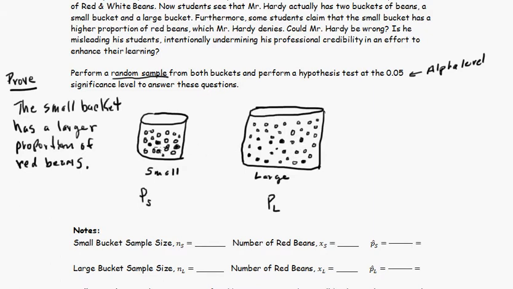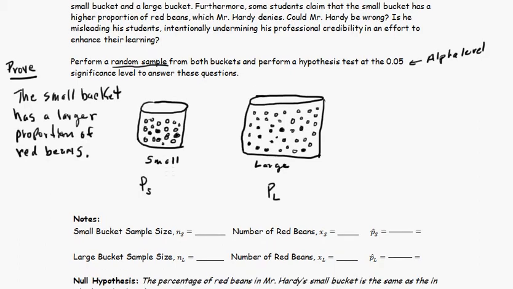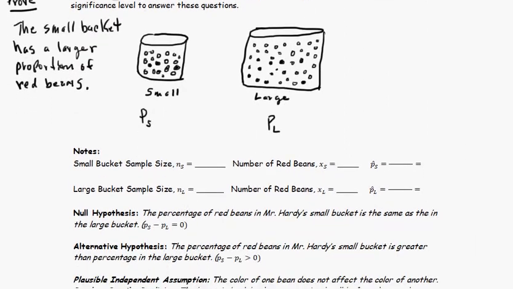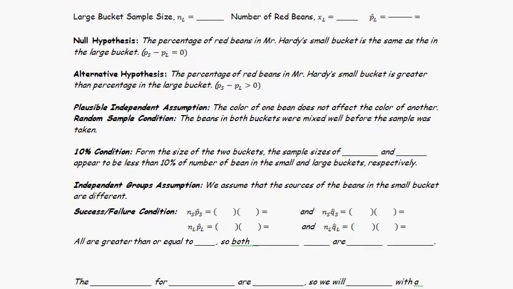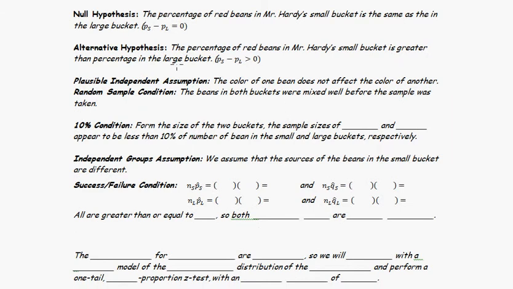Now, if it was a real serious issue, we could count every bean in both buckets and determine these. But that's a hassle, so what we'd rather do is just take a small sample from each, large enough but small enough. So we did that, but before we do that, let's look at our hypotheses.